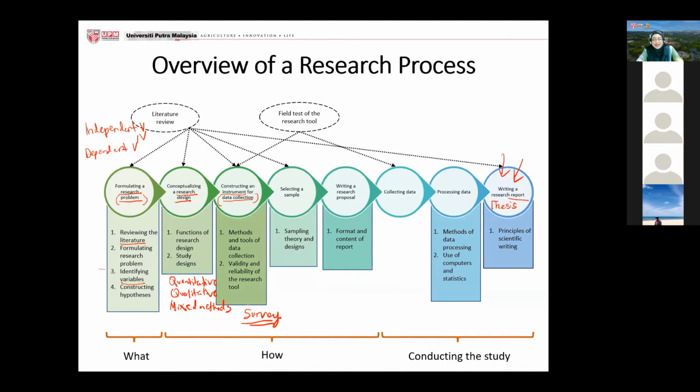Because people would immediately think of physical devices when they hear instrument. However, in a survey, the questionnaire is actually an instrument. So when we say instrument, it's something that you use to collect your data. Depending on what that data is, that will tell you what instrument you have to use. Start thinking about that.